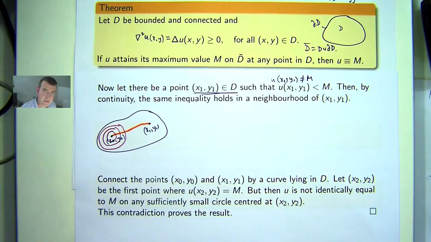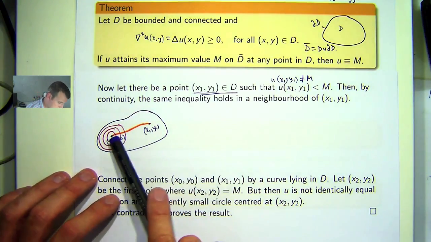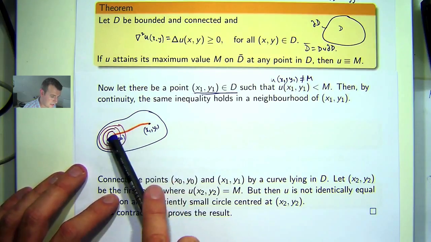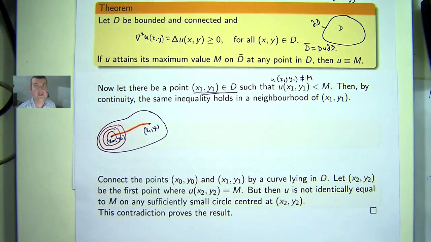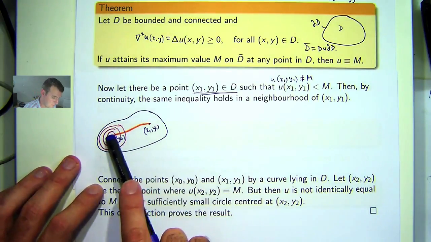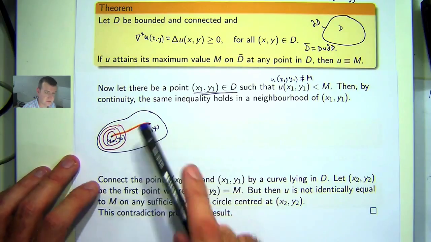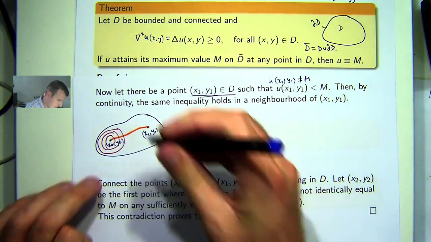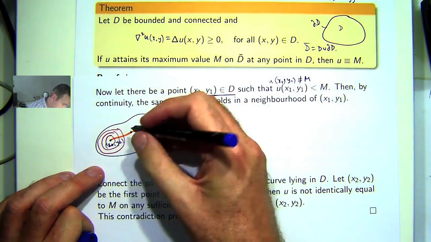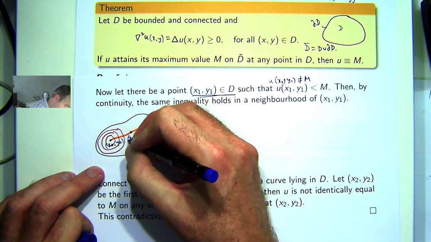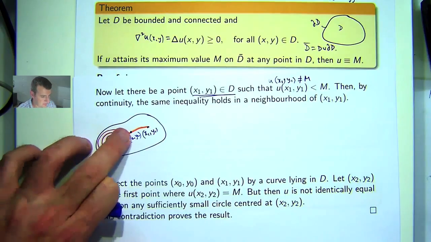Now, because u is continuous and u is equal to big M here and less than m here, there must be some last or first point, depending on which way you're moving, along this curve. If you move from here to here, there'll be a last point where u is equal to M and it drops down below M. Let that point be, say, this point here.